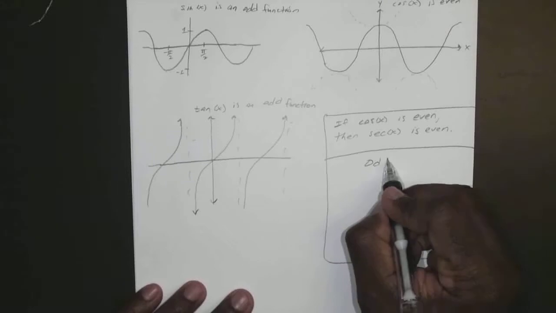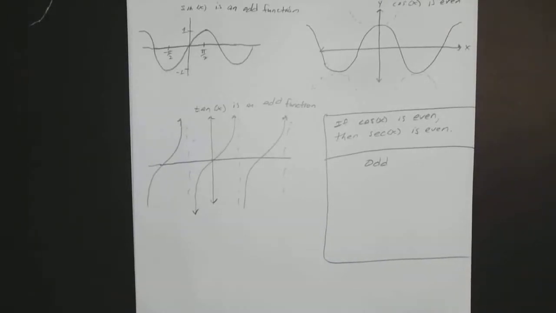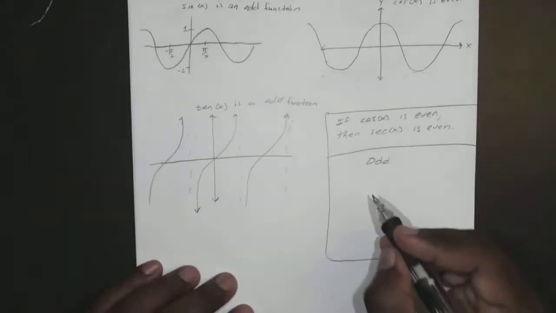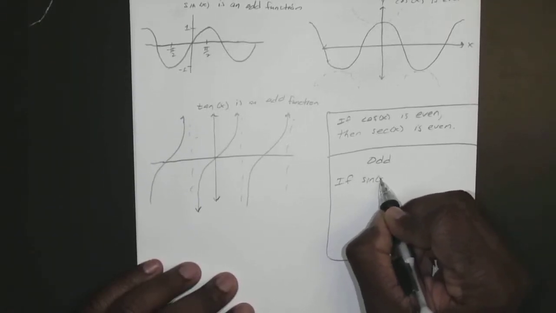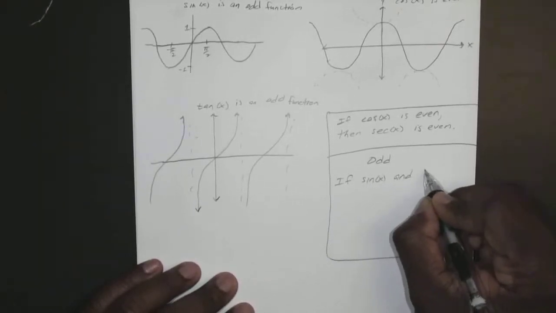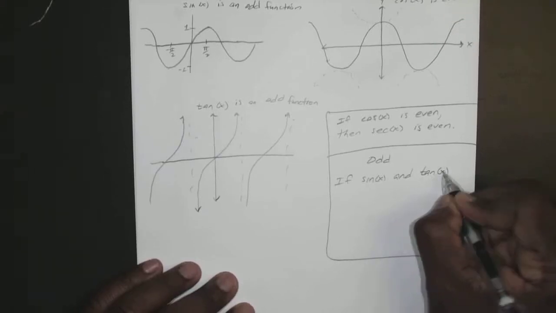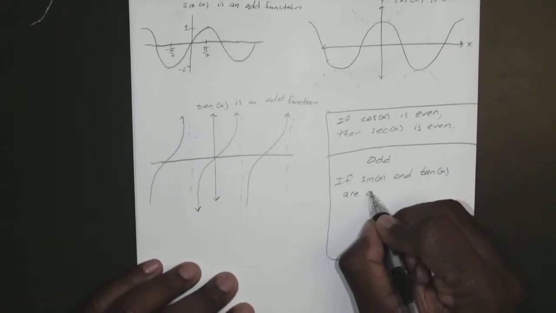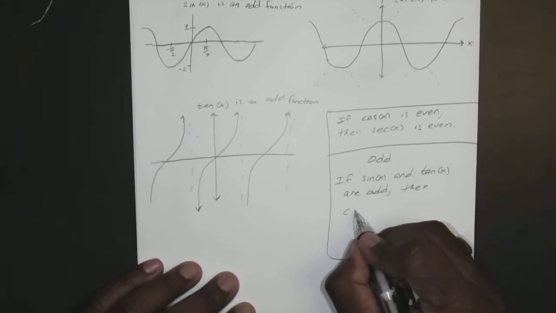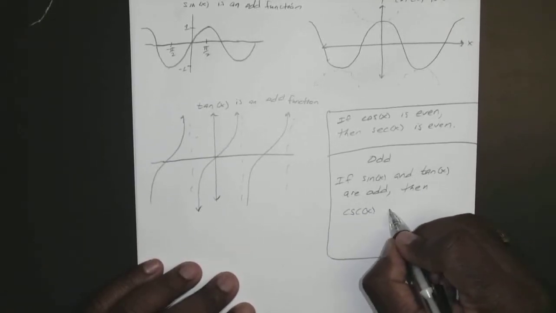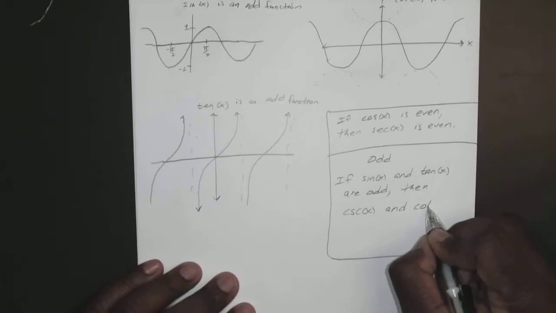Now, as far as the odd ones go, everything else is odd. Okay? Because if you just flip them all over, you still have the same odd-looking functions. So if sine of x and tangent of x are odd, then cosecant and cotangent are odd.